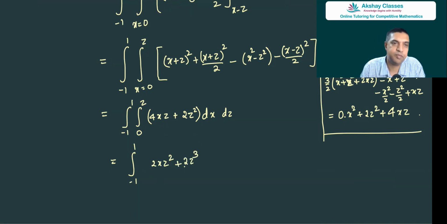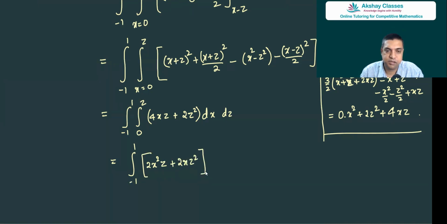Oh, no, I'm doing with respect to x. I'm sorry. So I'll get 2x square times z plus 2xz square. X varies from 0 to z.